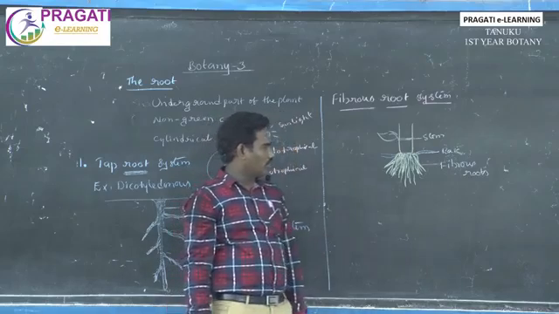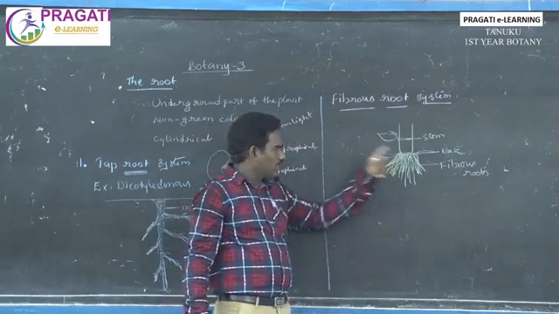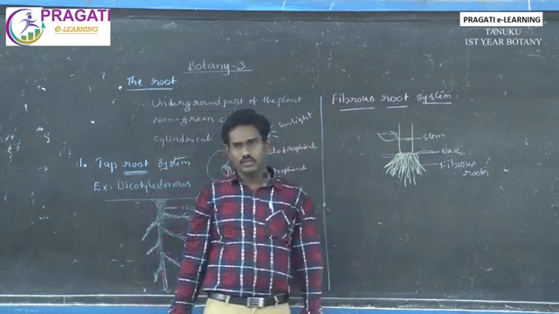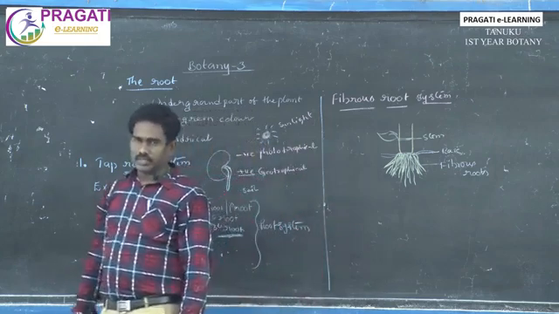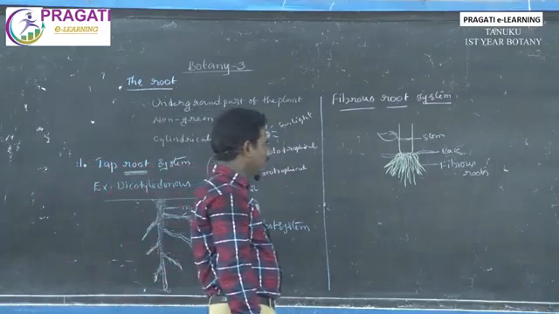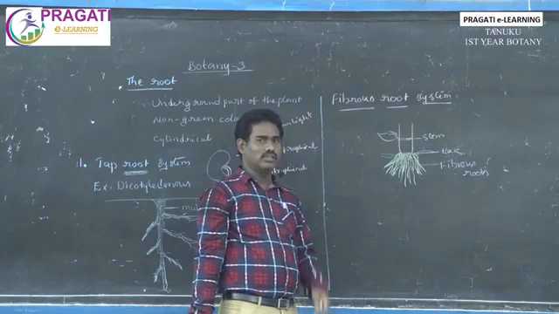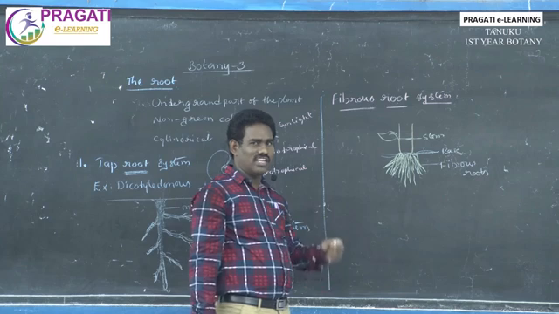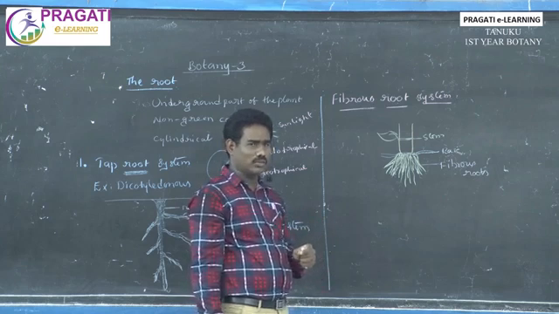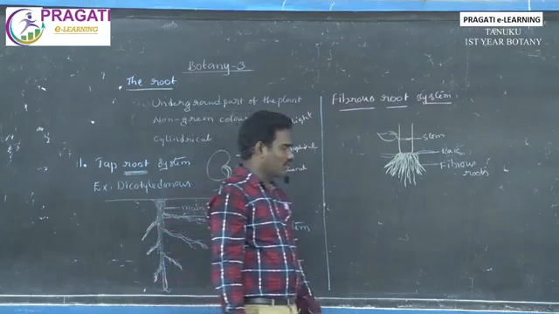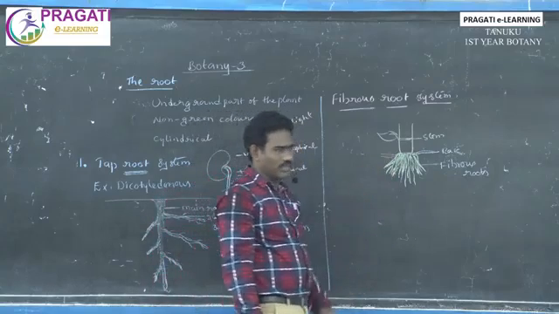In the fibrous root system, the main root degenerates because it is short-lived, ephemeral. So the plant produces a large number of roots from the base of the stem, called fibrous roots.